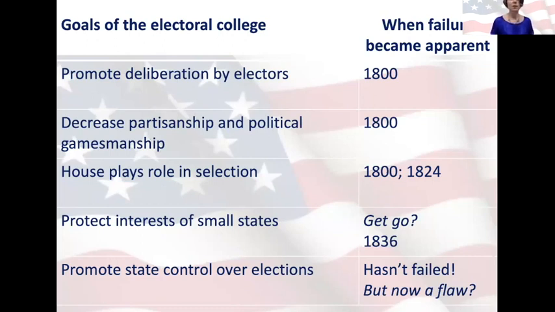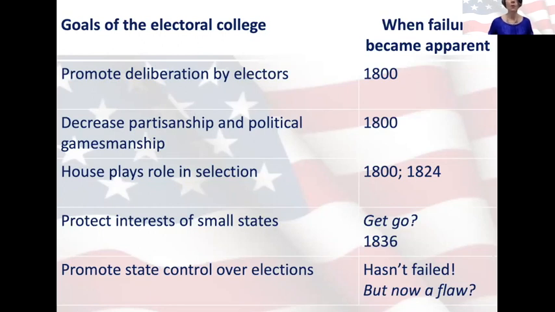Certainly by 1836, when political gamesmanship and partisanship led nearly every state in the Union to develop a winner-take-all system for selecting electors, the idea that small states would have much of a voice in the selection of the president was given the lie.